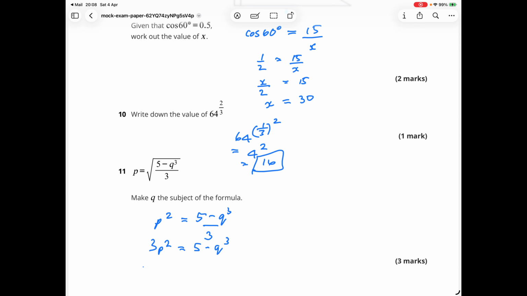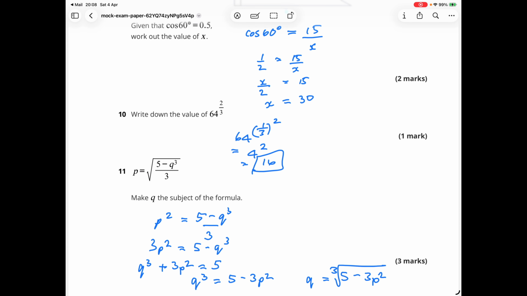I'm going to add q cubed to that side, plus 3p squared equals 5. Then q cubed equals 5 minus 3p squared. So that means q equals the cube root of 5 minus 3p squared.